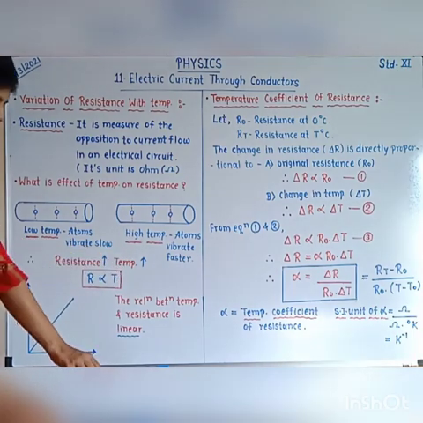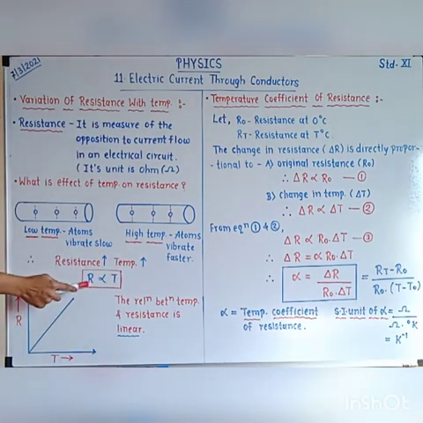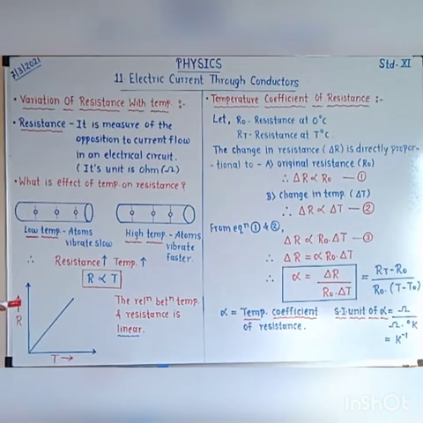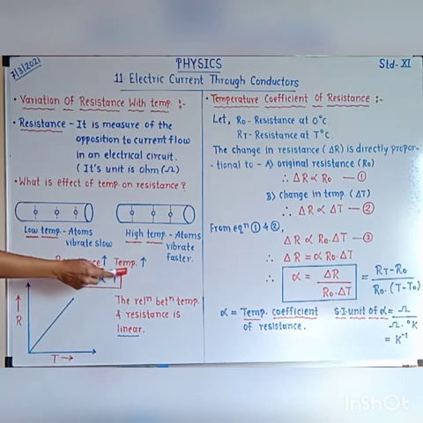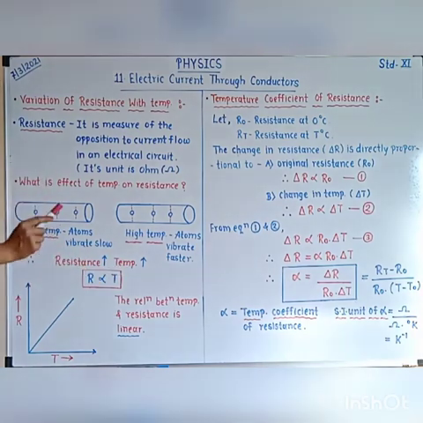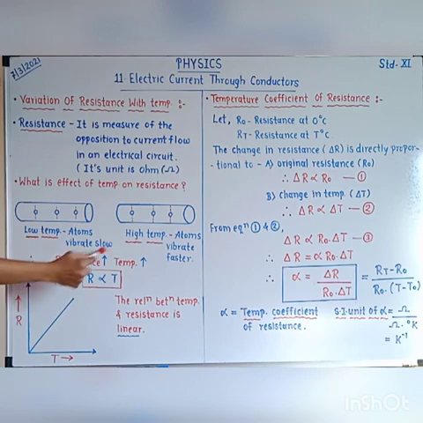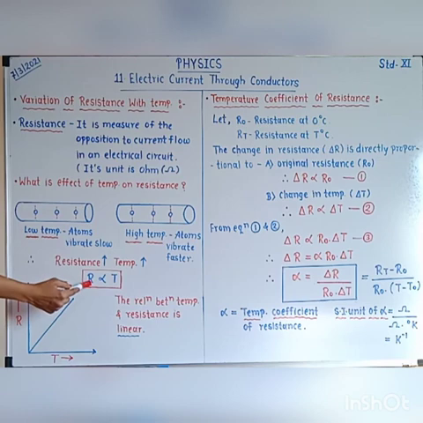So we can conclude that the resistance of the conductor is directly proportional to temperature of the conductor, that is R is directly proportional to T.